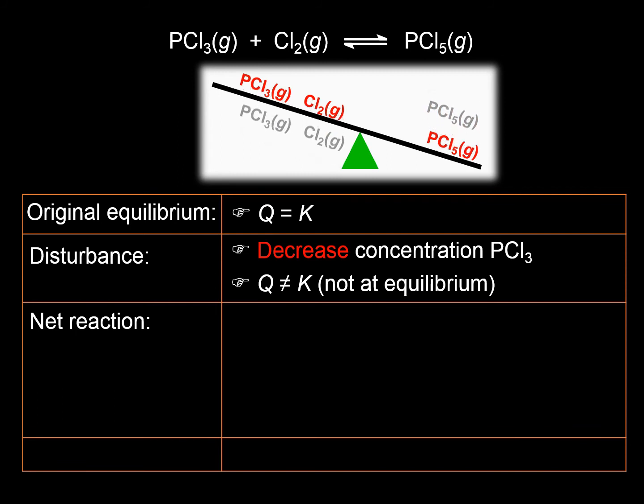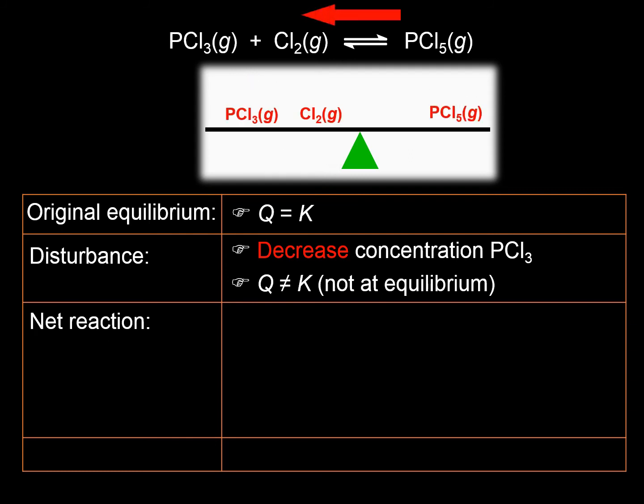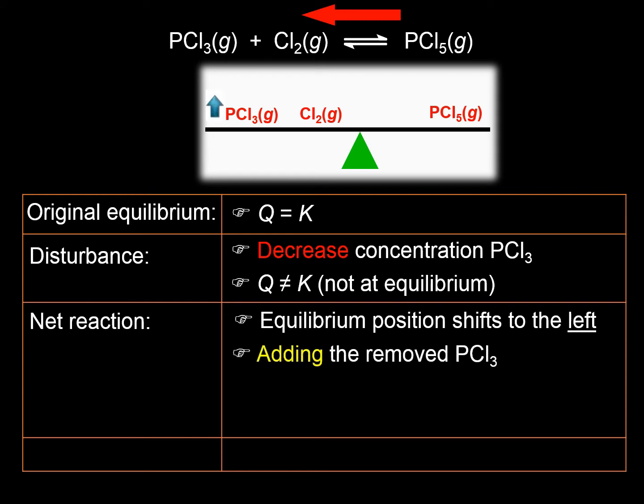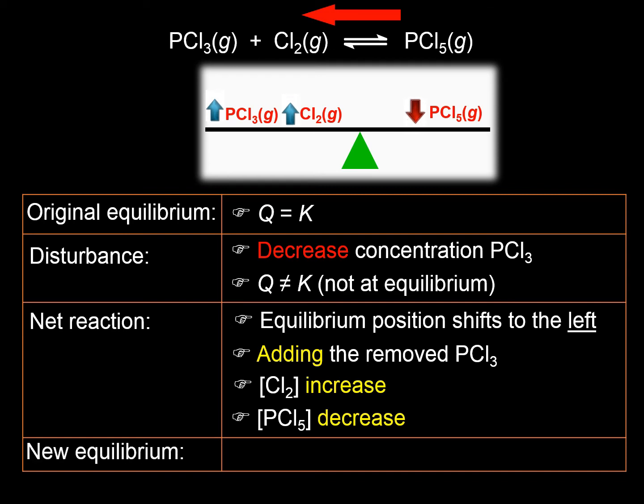As a result, the equilibrium position will shift to the left. Thus, it will add back all the removed PCl3, and at the same time Cl2 tends to be increased and the concentration of PCl5 tends to be decreased until a new equilibrium is achieved.